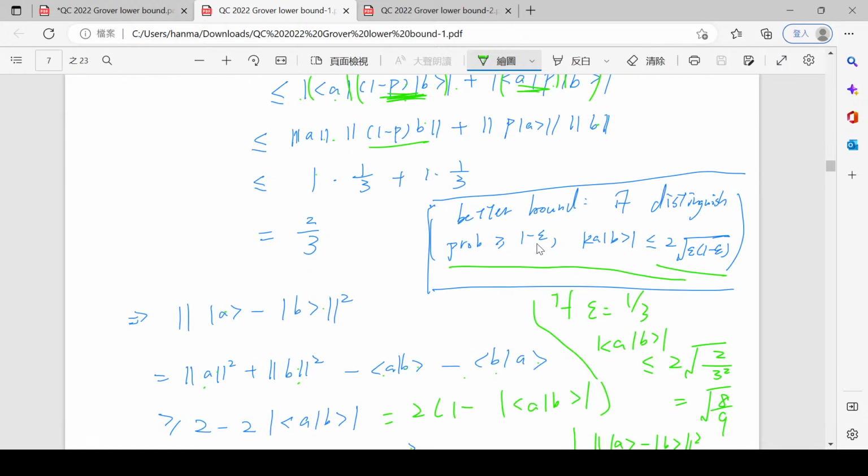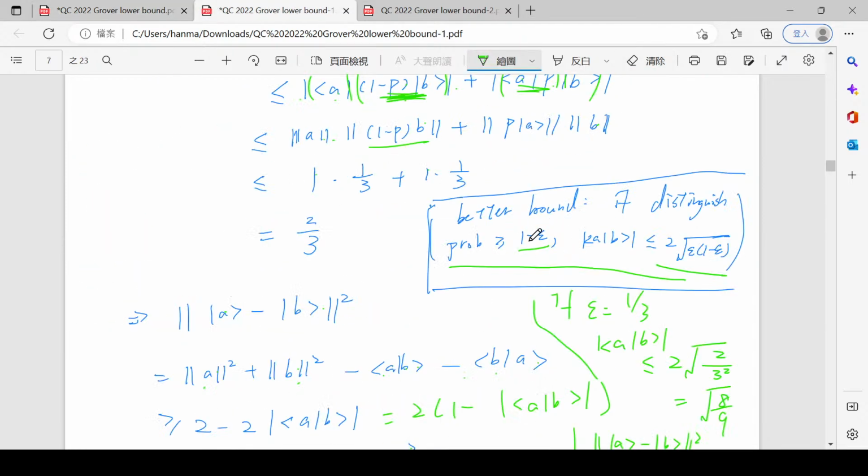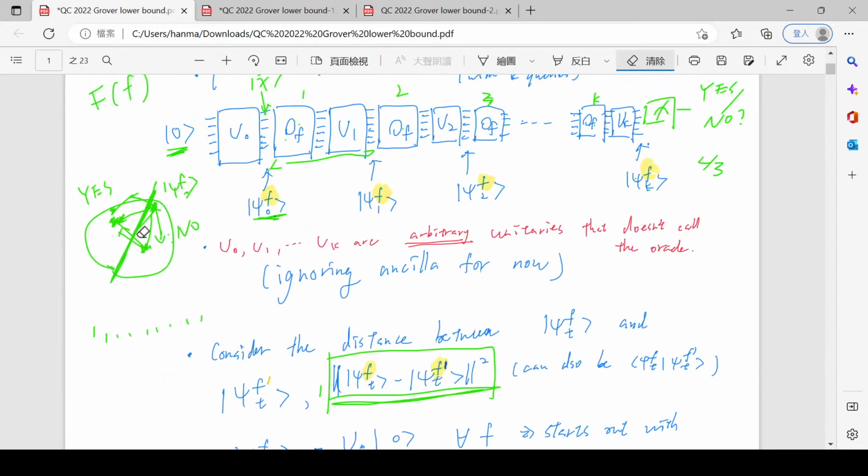The optimal bound is that if at the end of your algorithm you accept or reject with probability 1 minus epsilon, then the inner product between your two end states is limited.